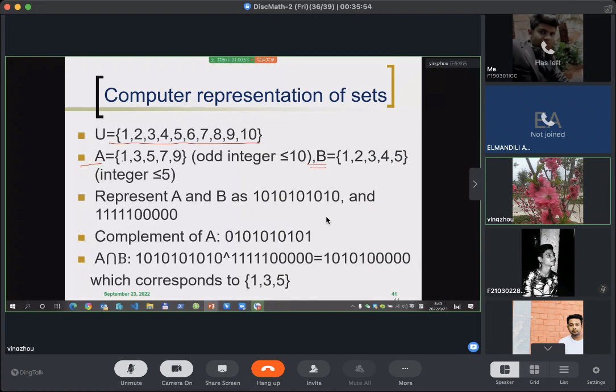For example, for the first element, whether or not we choose it. If we choose it, yes. Even the second element we do not choose, so we use 0. The third, yes, and the fourth we do not choose.